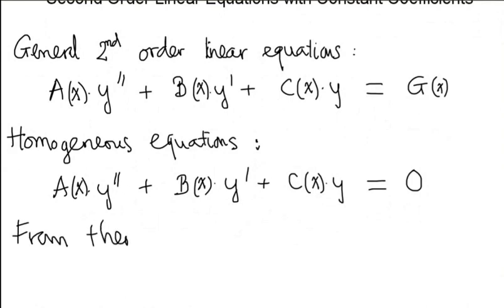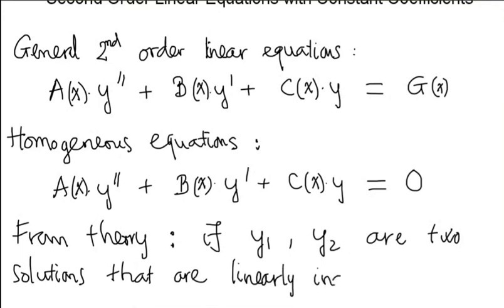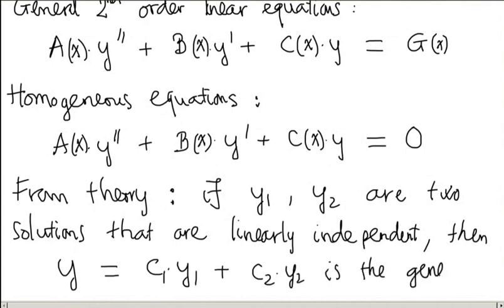So from the theory last time, if y1, y2 are two solutions to the homogeneous equation, and later on we will study non-homogeneous equations, but for now only homogeneous equations, and if y1 and y2 are linearly independent, then y equal to c1 y1 plus c2 y2 is the general solution.